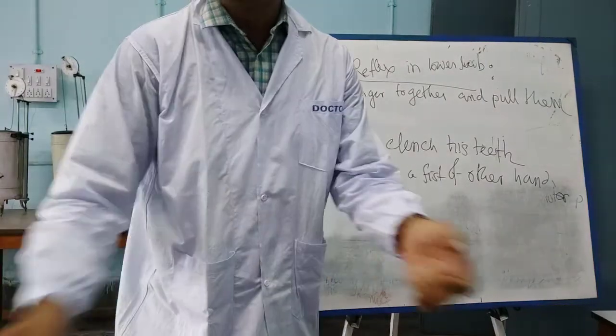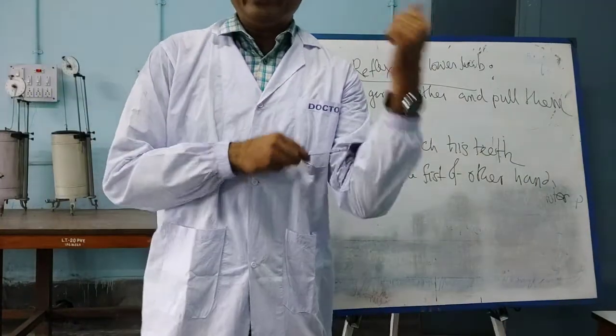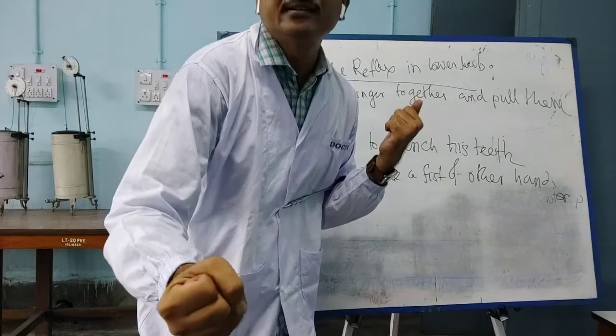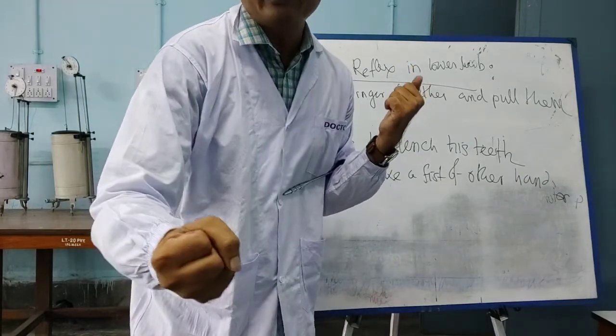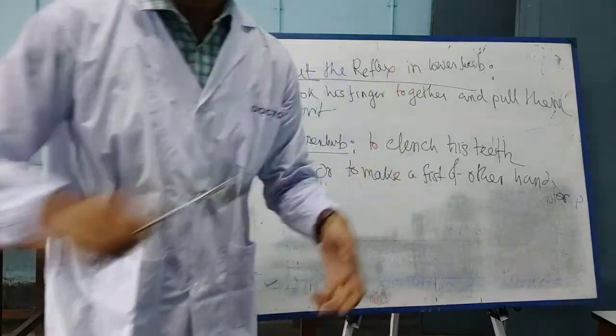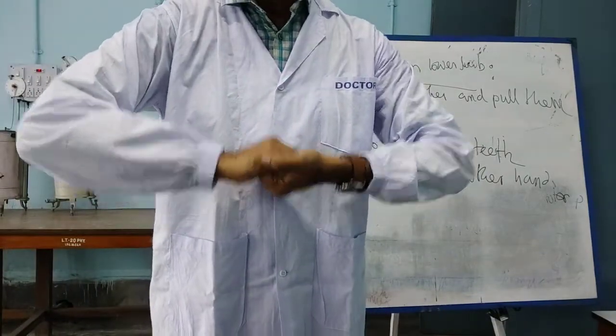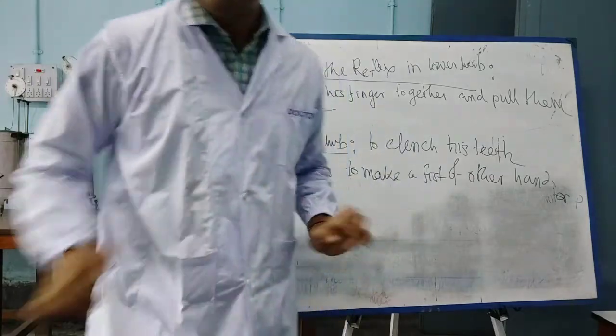When you elicit this reflex at the left biceps tendon, ask the subject to clench his teeth or make a fist of the right hand. Or for the lower limb, hook his fingers and try to pull them apart. Okay?